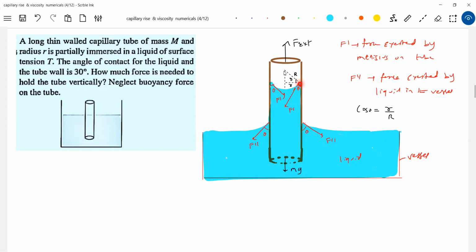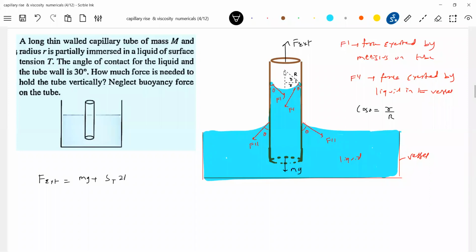Now, what should be the force now? The radius of the meniscus has to come into the picture, no? Okay, let's write the forces now. F external equals mg plus force due to surface tension.